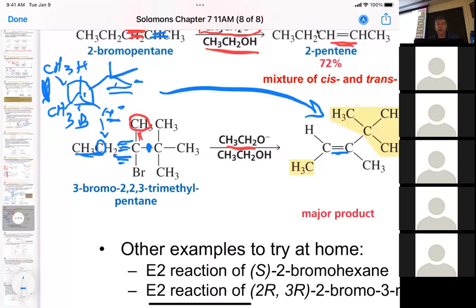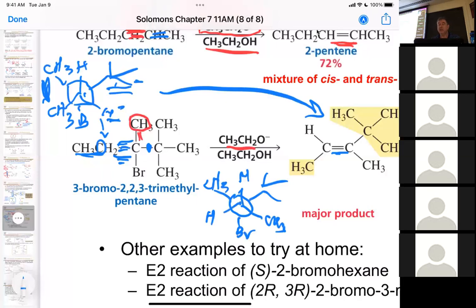All right. So if we draw the other one, the other possible state we would have to have the methyl group on this side, the hydrogen on this side, the other hydrogen on this side, the T-butyl group here, the methyl group here, and the bromine here.